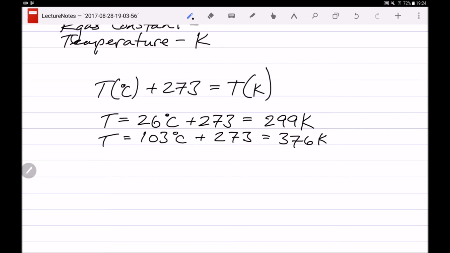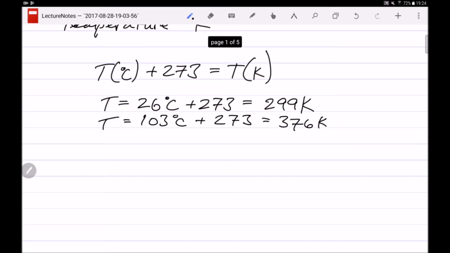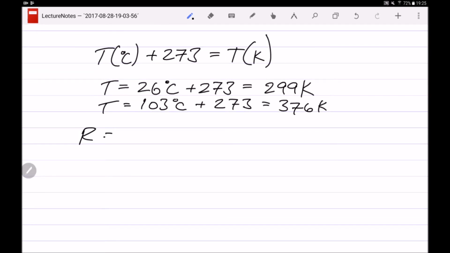So you take whatever temperature it is in degrees Celsius and you convert it into Kelvin. And if you're given a temperature that's not Celsius, well, you're on your own. Find a way to convert it to Celsius and then convert it to Kelvin because it's important. Now the gas constant R is always 0.0821 liter atmospheres per mole Kelvin.